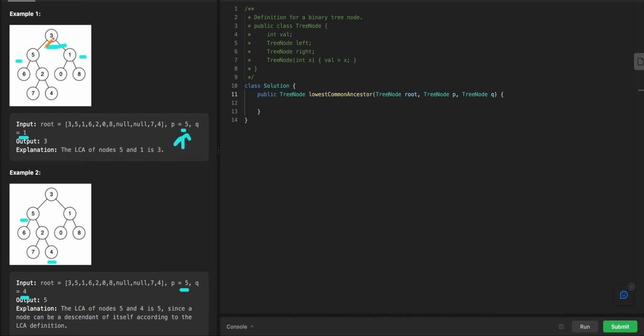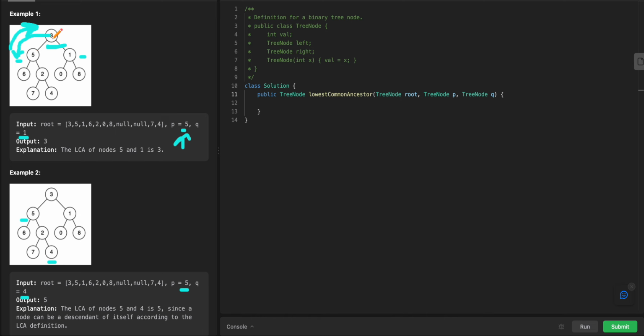And if not, then what we do is traverse to the left and see if this node is either P or Q, right? If it is one of these two nodes, then we can return it to its parent, and this indicates that we have found the node in that path.